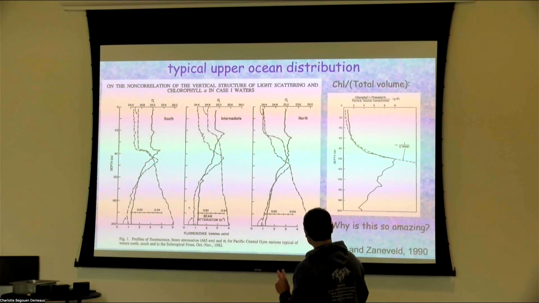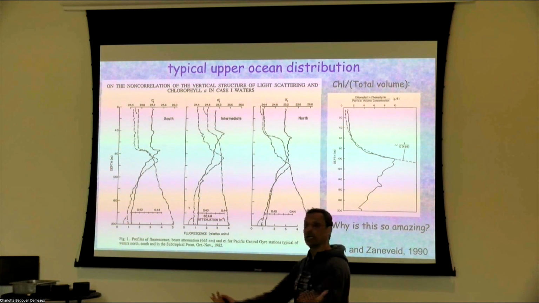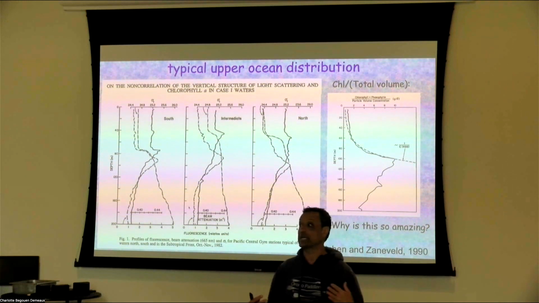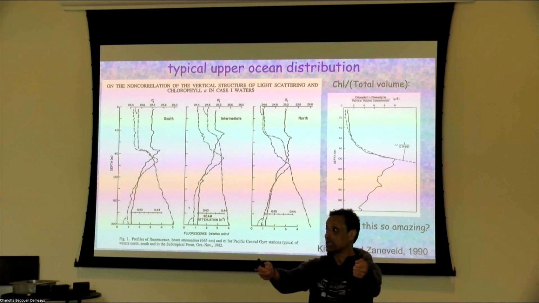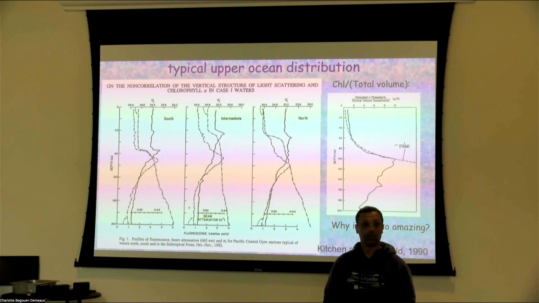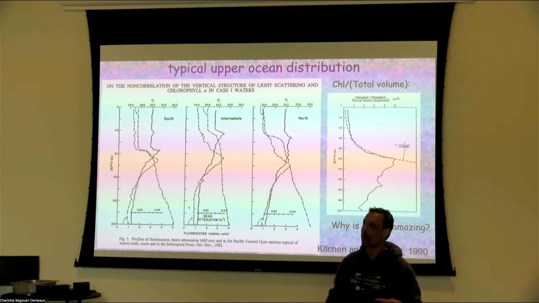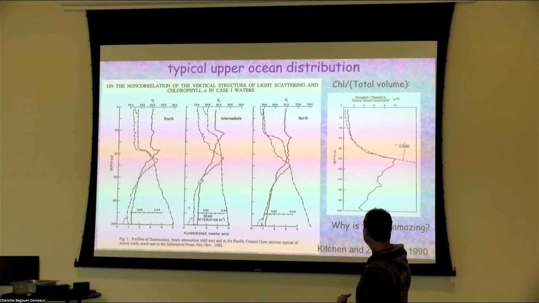And the reason this is happening is because as the light decreases, they have more chlorophyll inside of the cell, responding to light. It's like your house plant. You take it from outside, you put it inside, and suddenly it becomes greener, more chloroplasts in every leaf. This is exactly why you're getting this pattern.